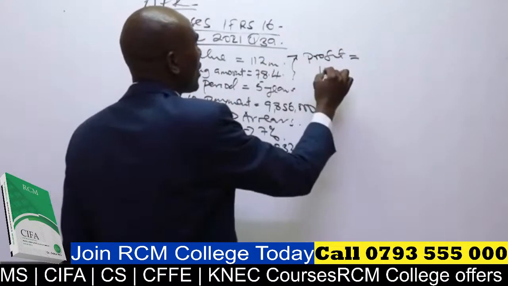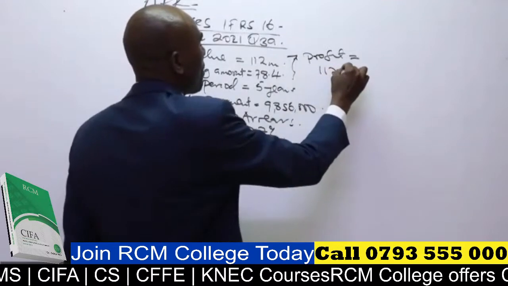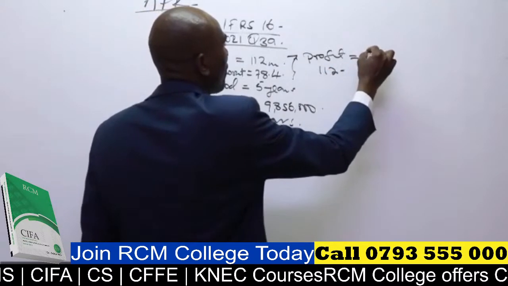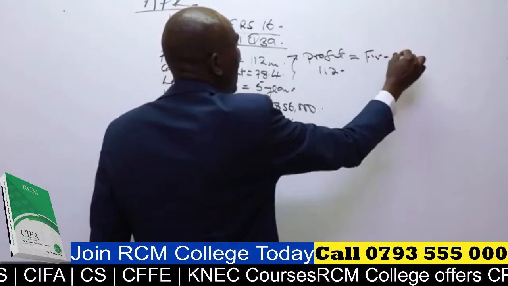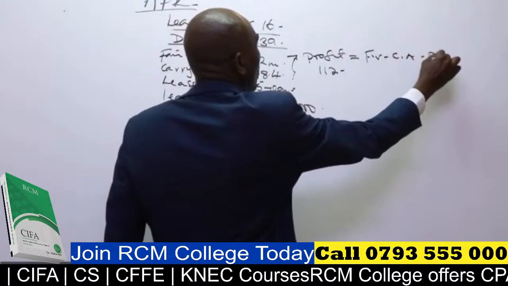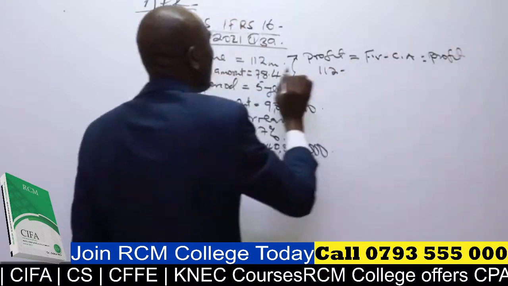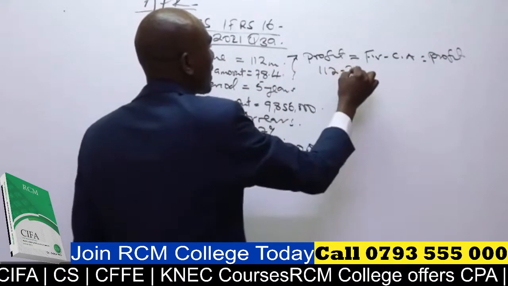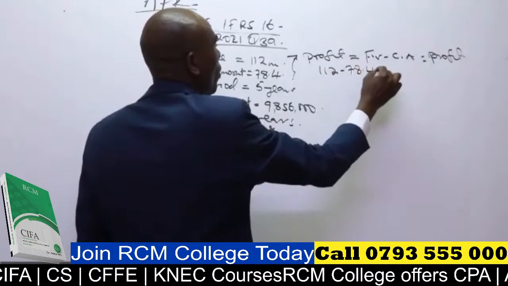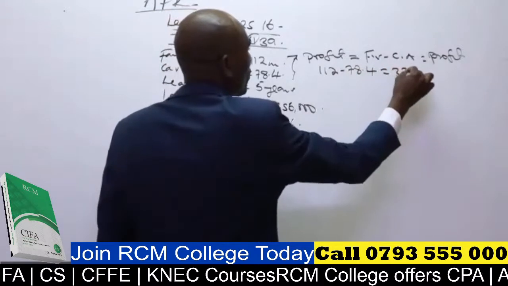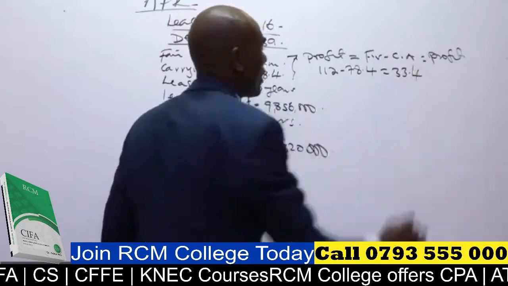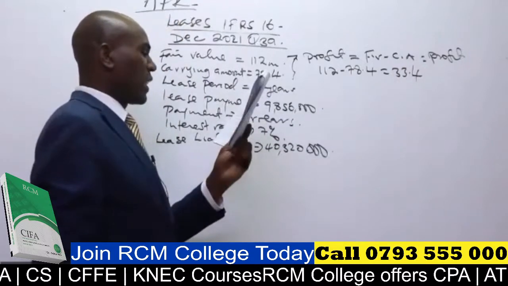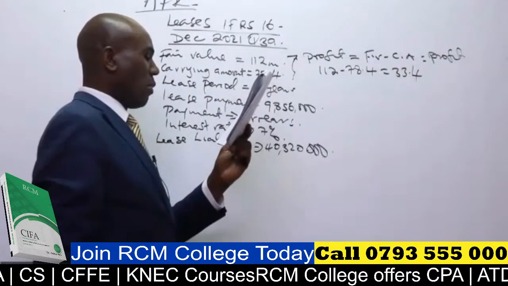When you take 112, the cash proceeds, that is the fair value, minus the carrying amount of 78.4, you get the profit of 33.6.